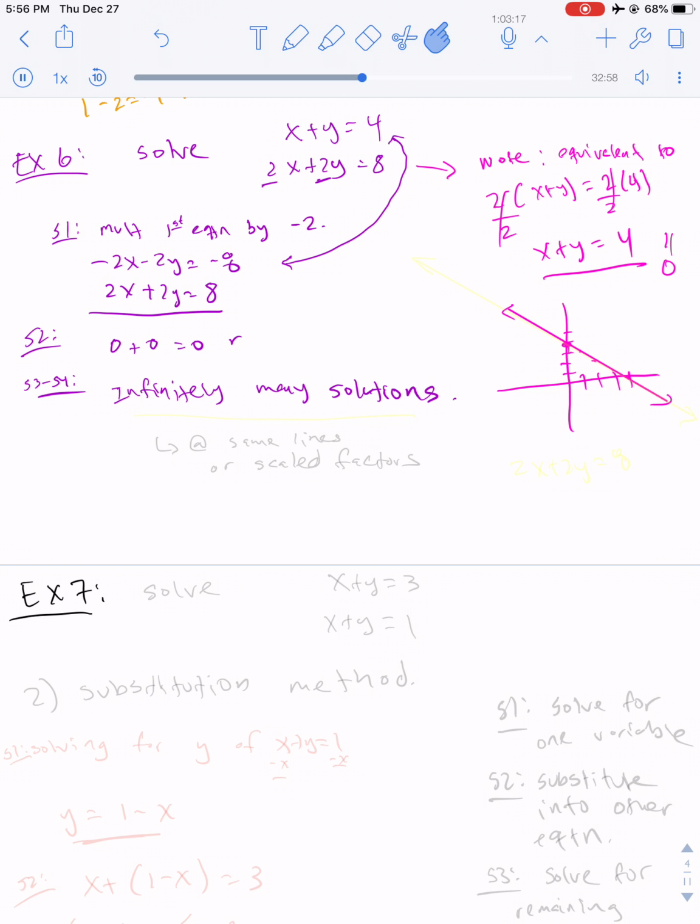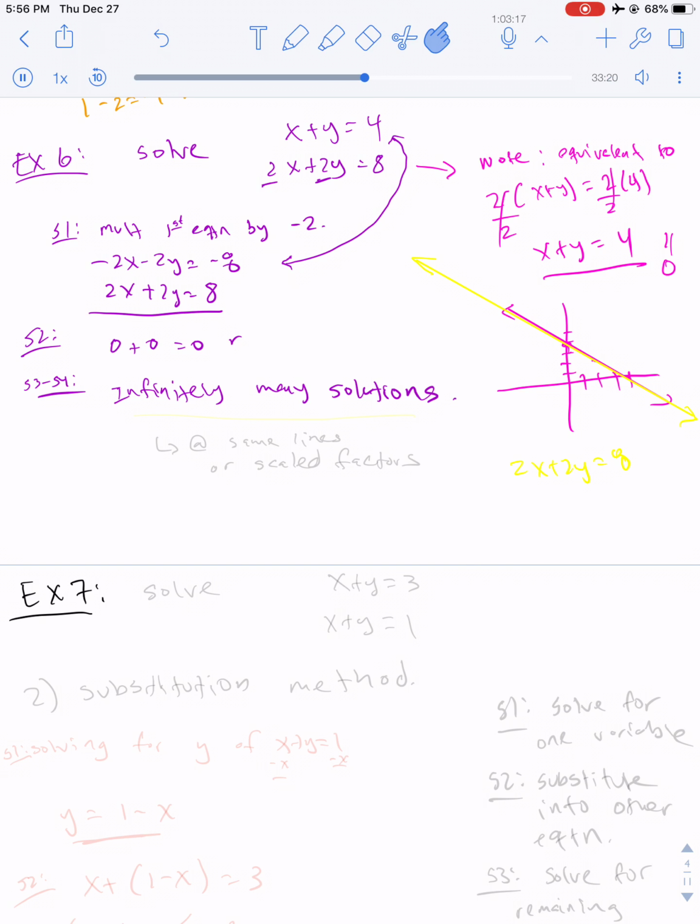If I multiply it by 2, I'm going to do that in yellow. 2x plus 2y equals 8. Well, that's the same thing, except it's just been elongated. It got stretched out by a factor of 2.